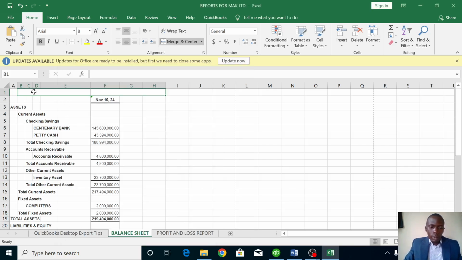So we are inputting our heading, which will be Mark Traders.